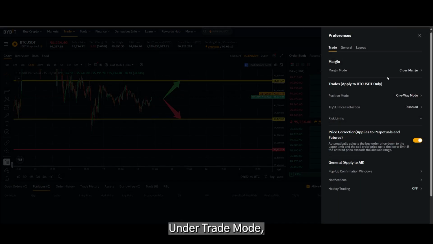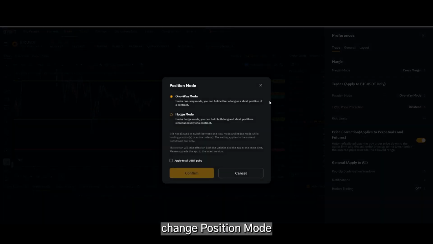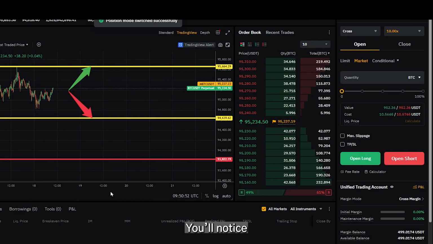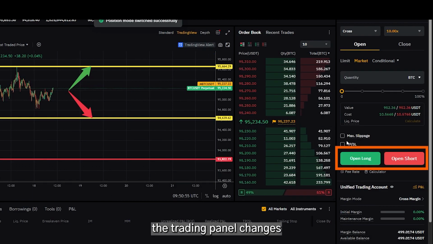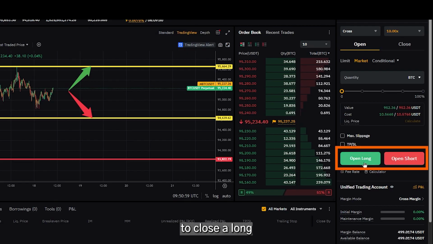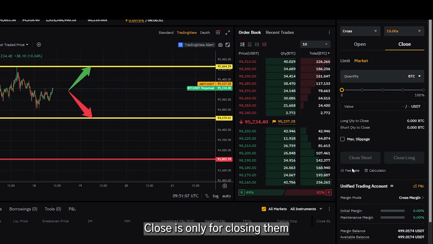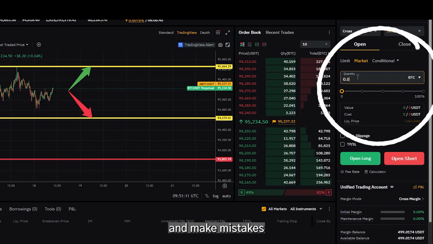Under Trade Mode, change Position Mode to Hedge Mode. That's it. You'll notice the trading panel changes. Before, you used the Short button to close a long. Now, Open is only for opening positions. Close is only for closing them. This is where many people get confused and make mistakes.